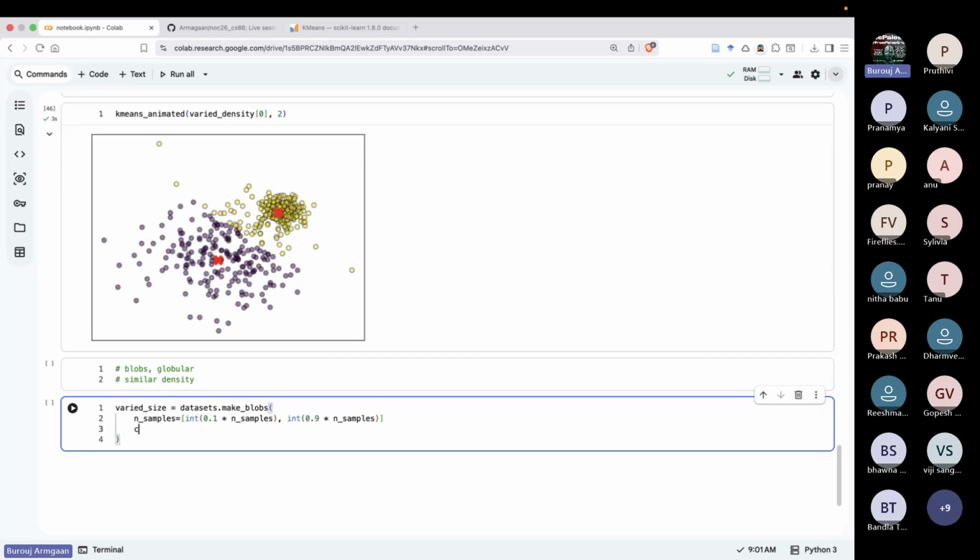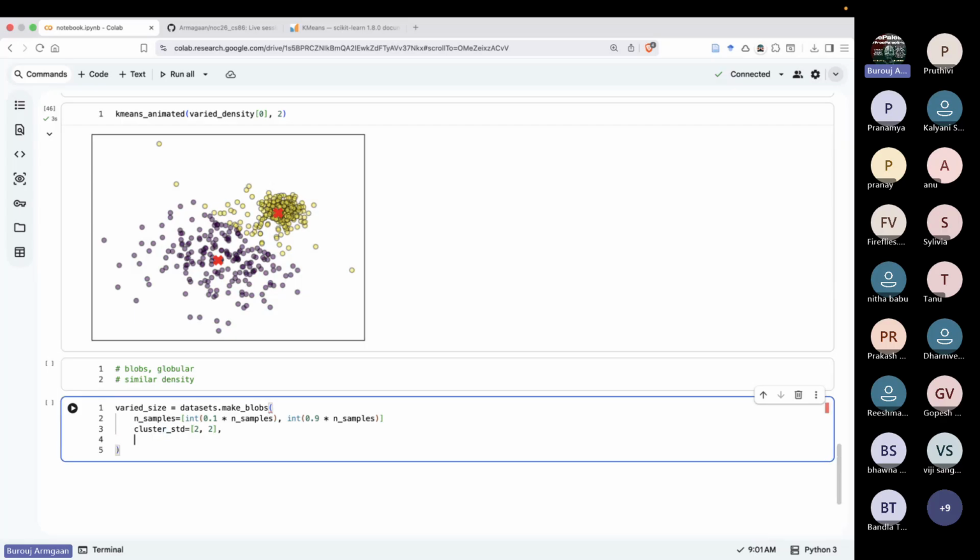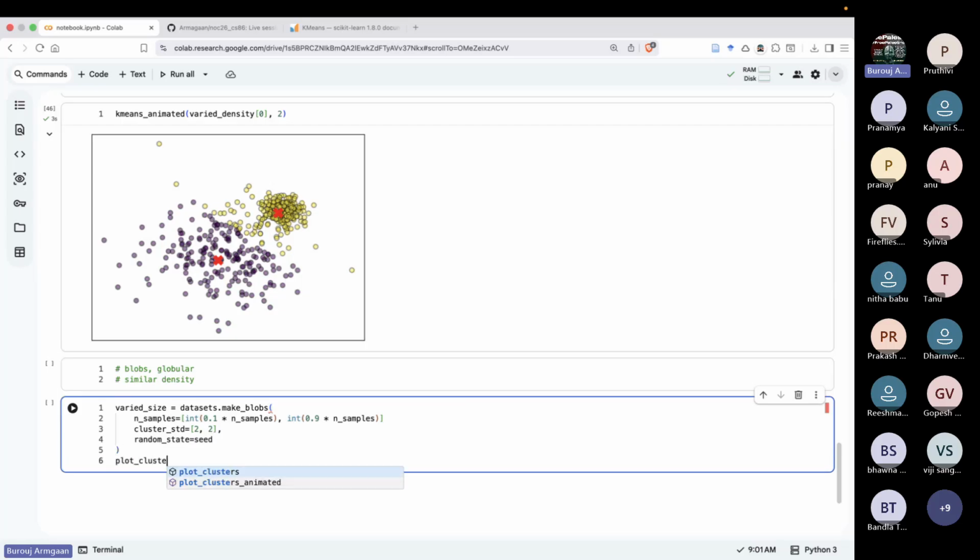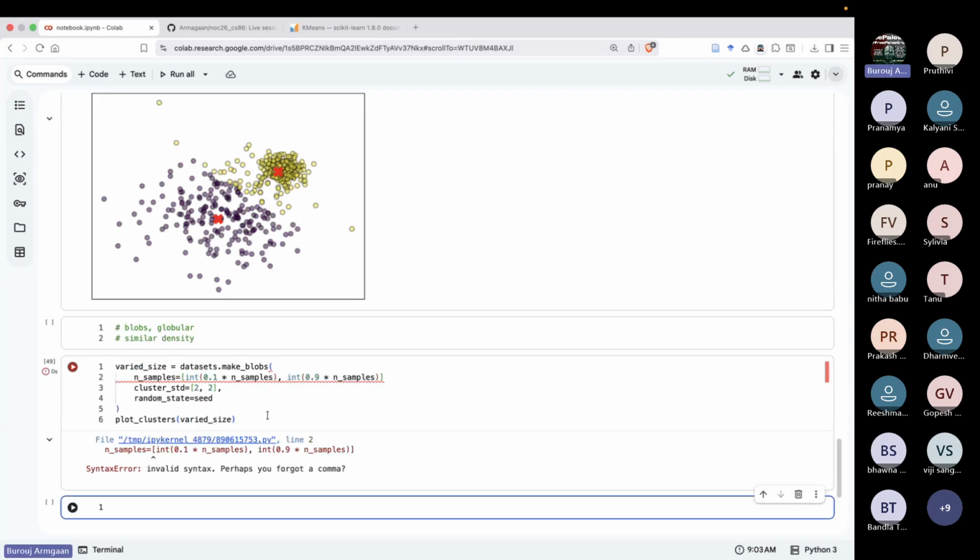So we have our cluster STD. We can set it identical for both of them. This is a cluster standard deviation of 2, and this is also 2. And again, we can use some random state, so let's use the seed and see what happens. So plot clusters, varied size, and we can use this.